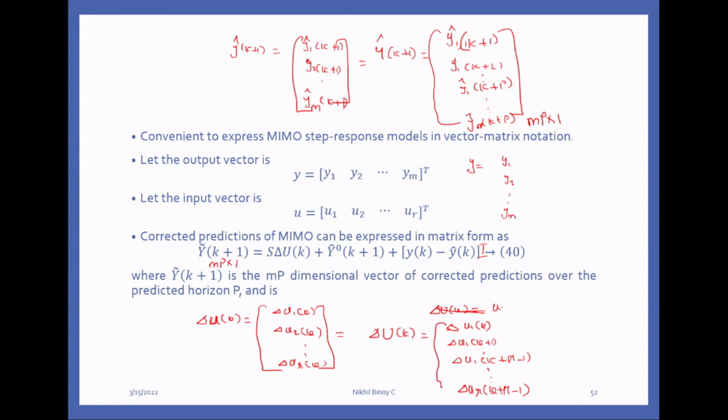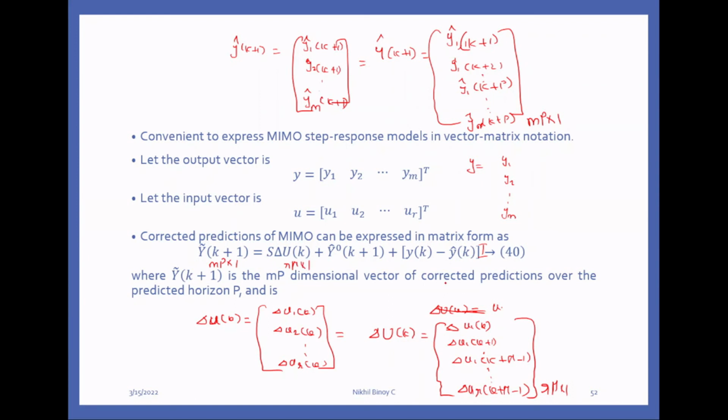This means we have r input variables, and for each input variable we have M horizon. So the total size of this vector is small r capital M into 1.